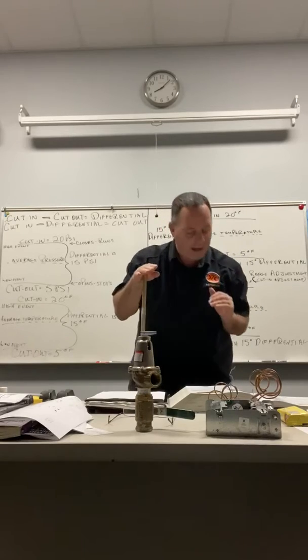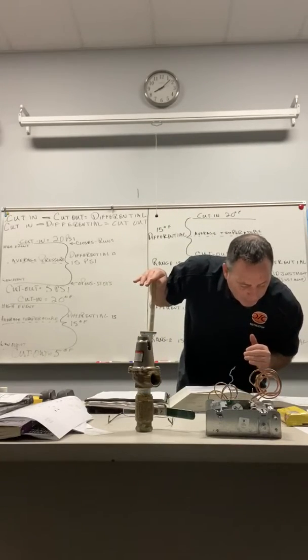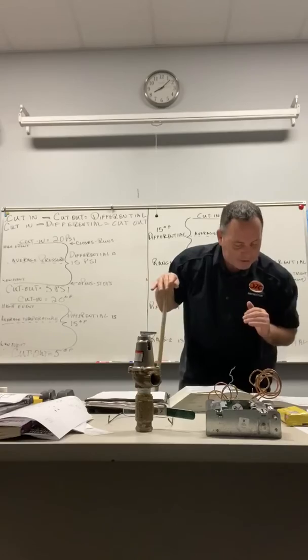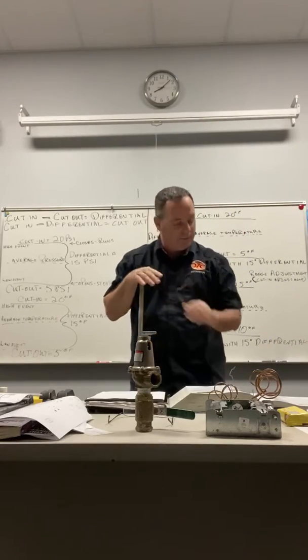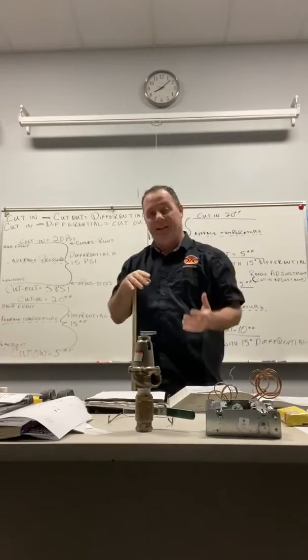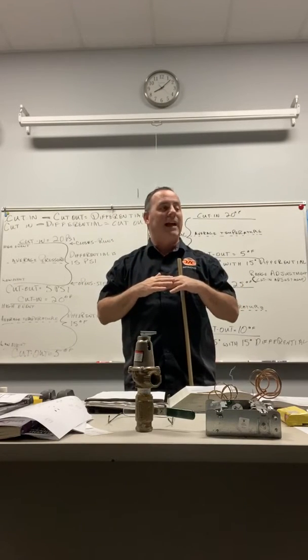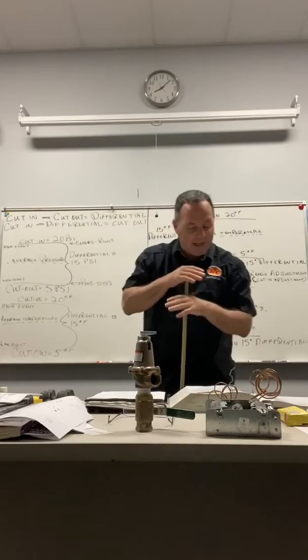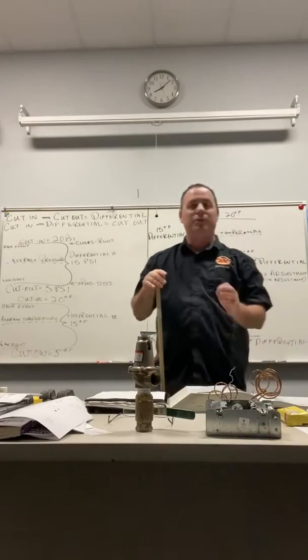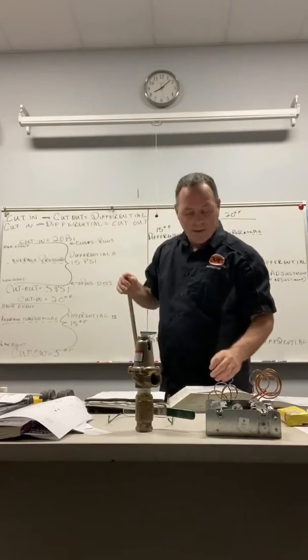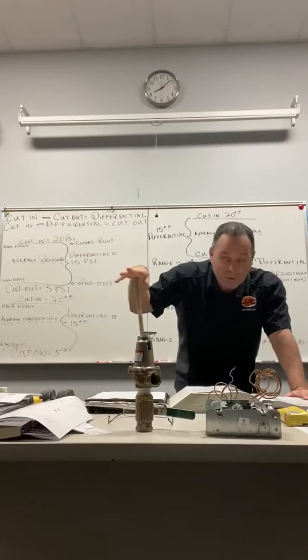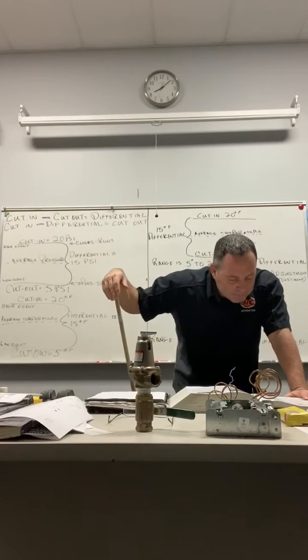The pressure setting at which the electrical circuit is made is the cut in. So when it makes the circuit, the pressure control has a cut in. And the difference between the two is the differential. We're going to talk about this in a minute.